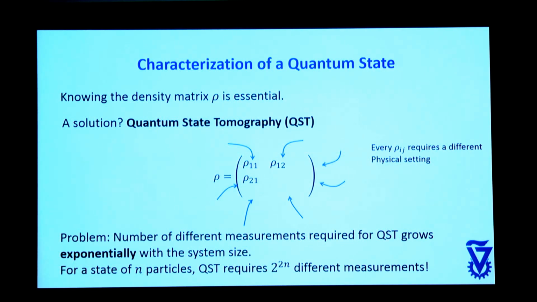And the problem here is that the number of measurements required for this quantum state tomography grows exponentially with the system size. For example, if you have a state of n particles, you would need 2 to the power of 2n different measurements, each with a different physical setting, in order to recover the state. Now, this is impractical even for as low a number of particles as 8.